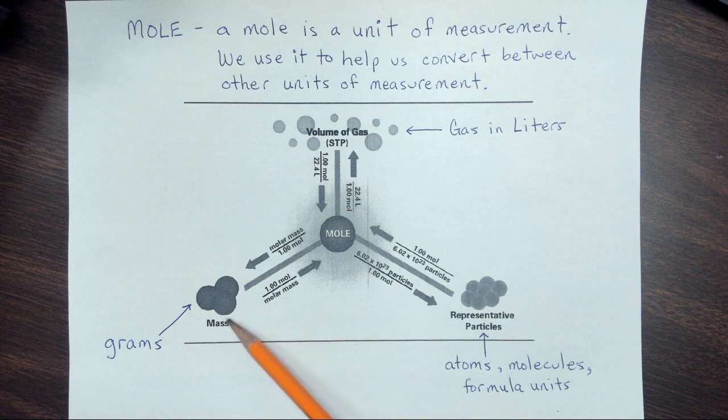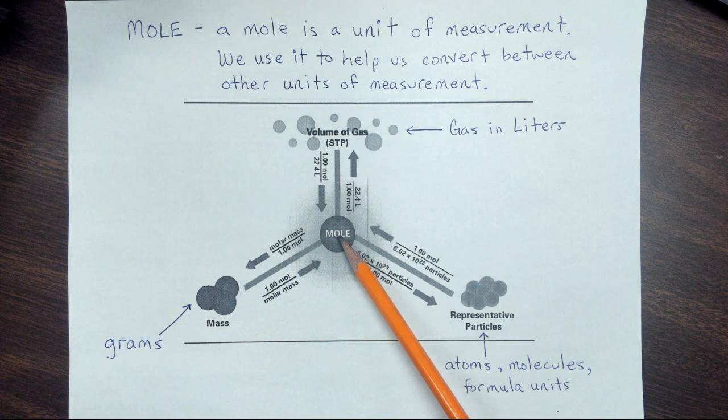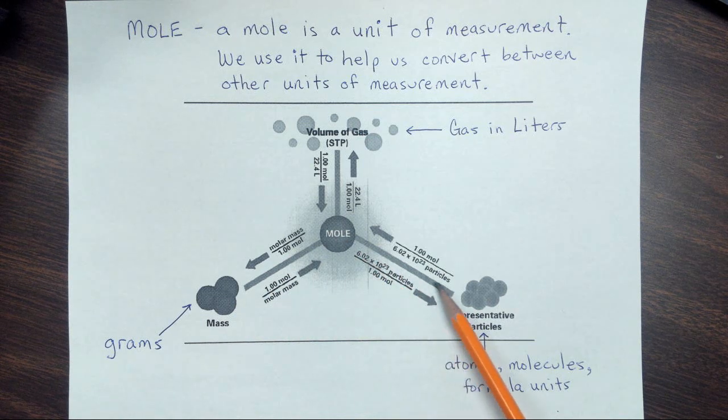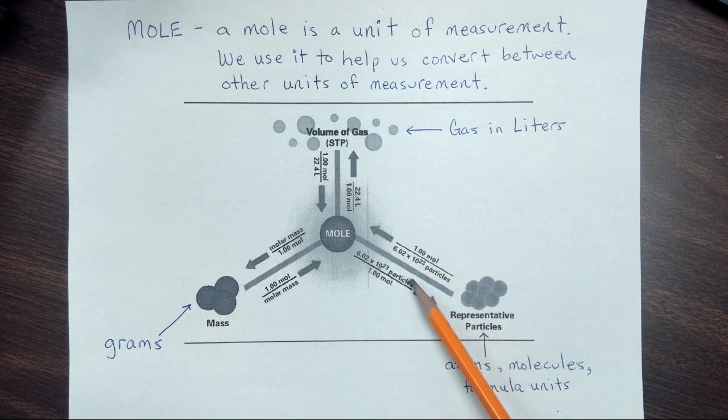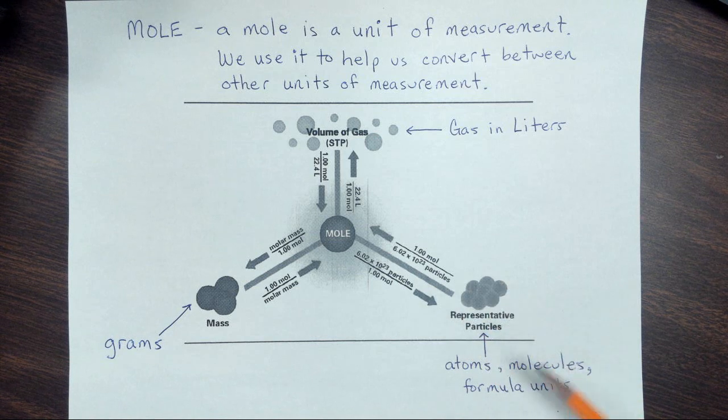But I have this mass of water, and I could convert that to how many moles of water that is. Then I could use this information here, these different conversion factors, and I could find out from that how many atoms or molecules or formula units I have. In the case of water, we would be talking about water molecules.